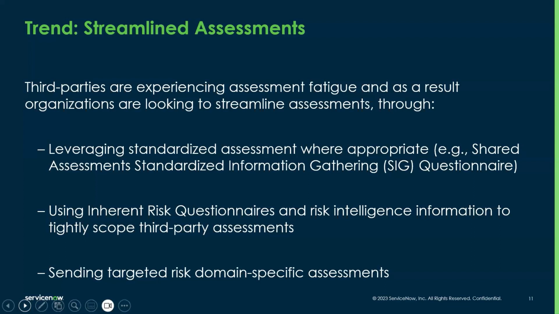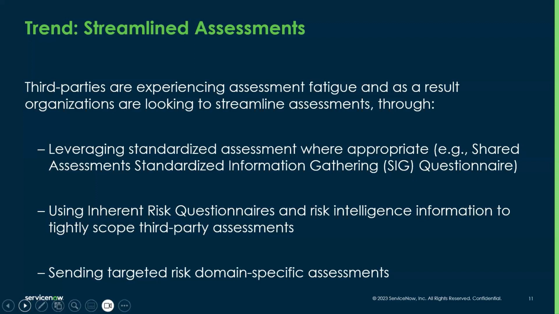So leveraging that where able can certainly improve the response time from these third parties, as well as using smart targeted questionnaires or supplemental questionnaires that can help reduce the number of questions posed to them. Oftentimes, if they're presented with 300 questions, they're not going to be very happy with you, and the odds that they actually want to respond are limited as well.